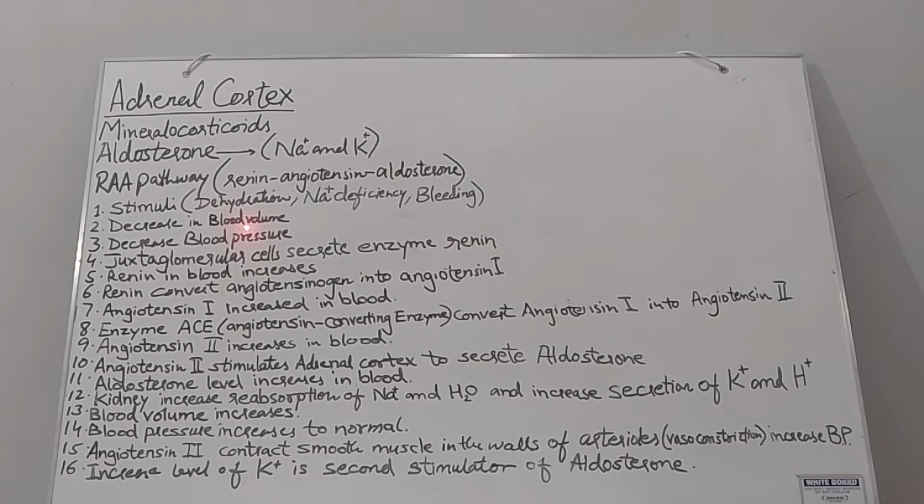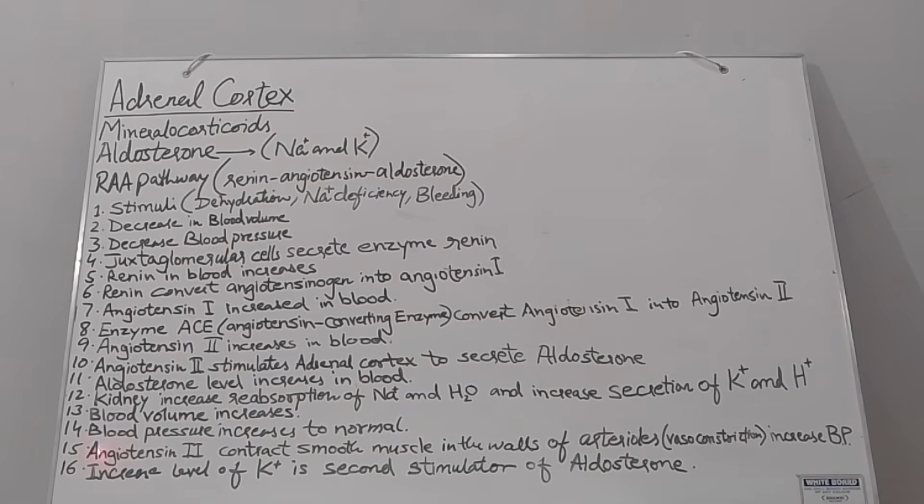Decreased blood volume was the stimulus for the secretion of aldosterone. Now, after the kidney reabsorbs sodium and water, the blood volume increases, and because of the increased blood volume in the circulation, the blood pressure will also increase to normal.